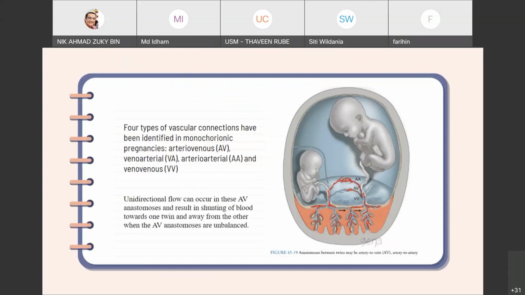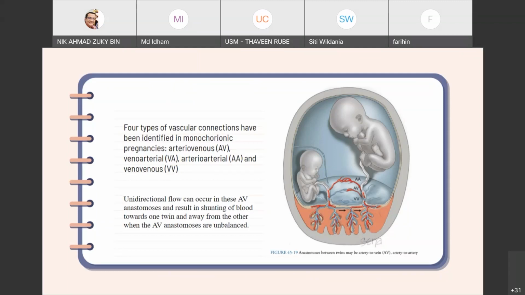In monochorionic pregnancy, we have types of vascular connection: arteriovenous, veno-arterial, and veno-venous. What can go wrong is that the keyword here is unidirectional flow. It can occur in the AV anastomosis and result in shunting of blood towards one twin and away from the other when the AV anastomoses are unbalanced.